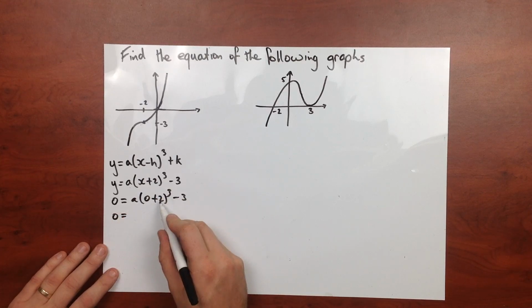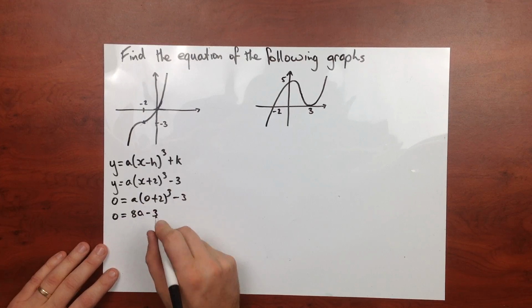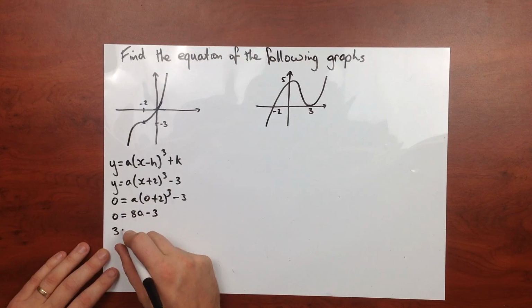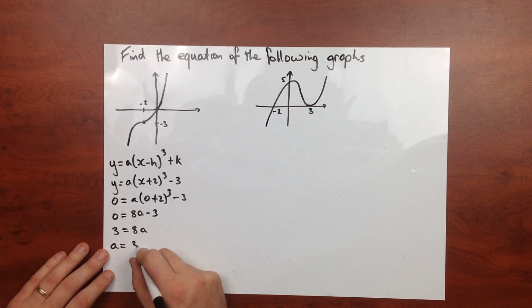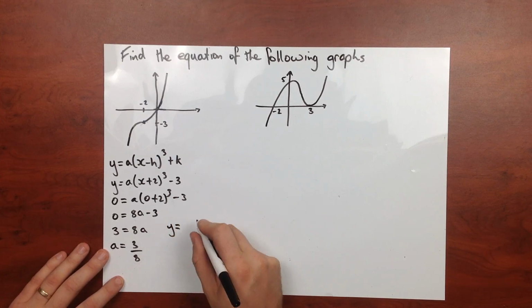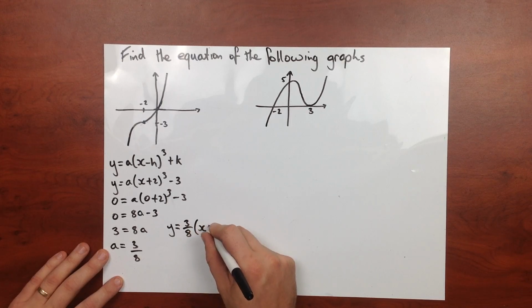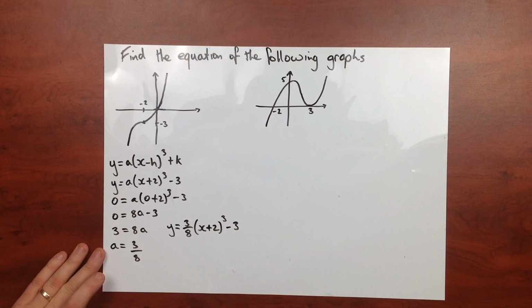So 0 equals, well, 2 cubed is 8, so we've got 8a, take 3. Then we're going to have 3 equals 8a. So a is going to simply equal 3 on 8. So putting it all together now, we can say that y equals 3 on 8 (x plus 2) cubed, take 3. Okay, so we managed to get there with this one.